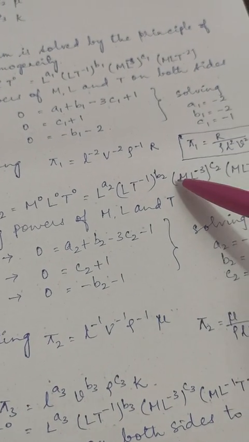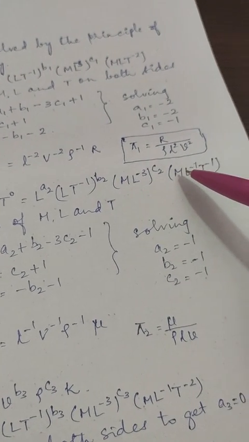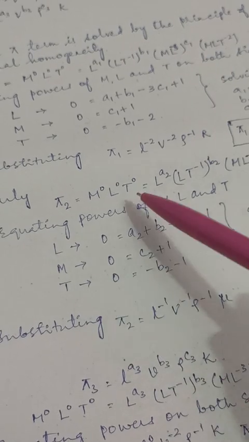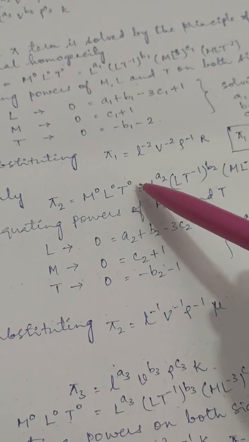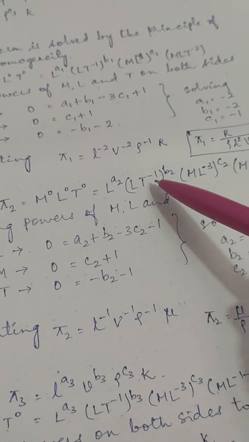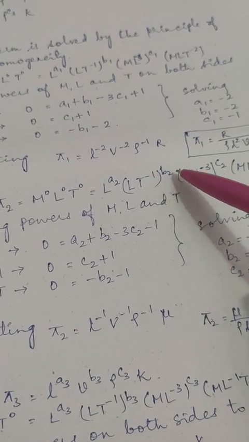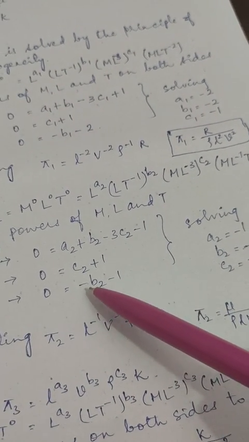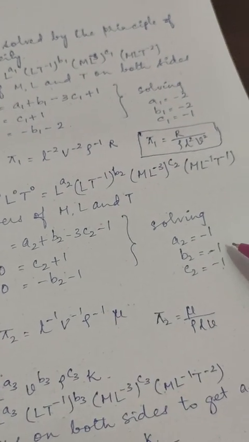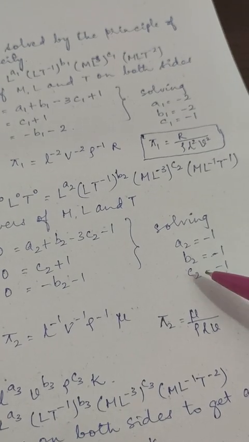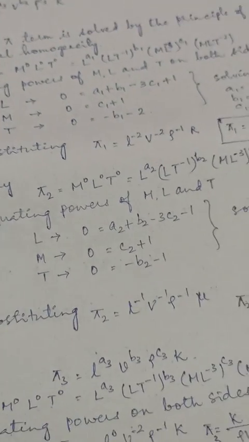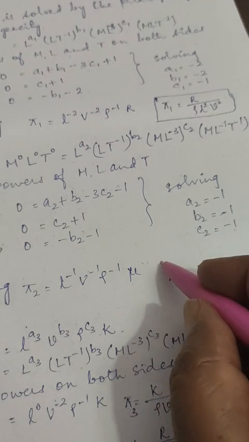On the right hand side, we have M to the power of C2 and M to the power of 1, so it is C2 plus 1. And for the time t, the power on the left hand side is 0. On the right hand side we have t to the power of minus b2 and t to the power of minus 1, so finally we have minus b2 minus 1. Solving them, we get a2, b2, c2. Substituting a2, b2, c2 in the pi 2 term, we get pi 2 as this.